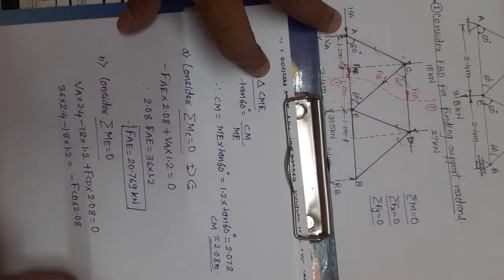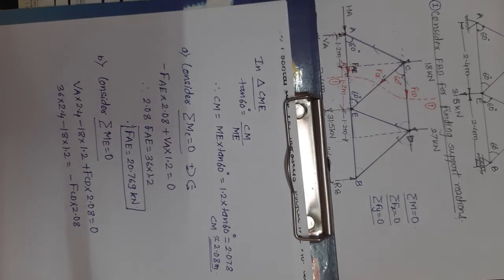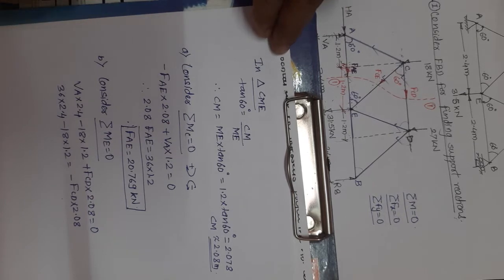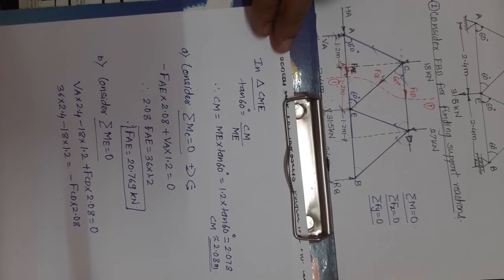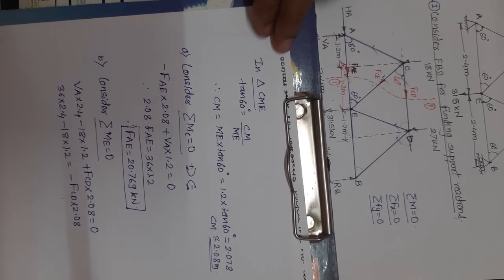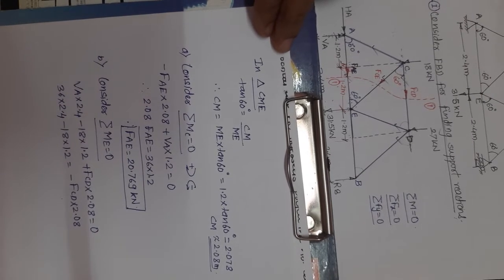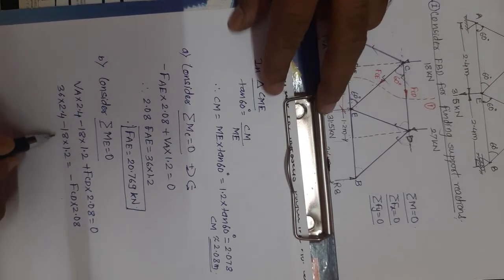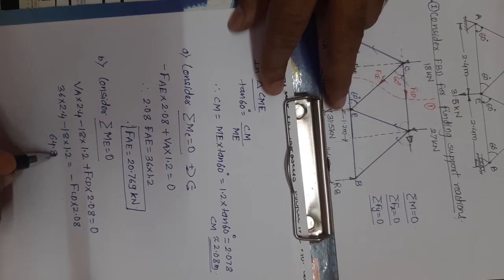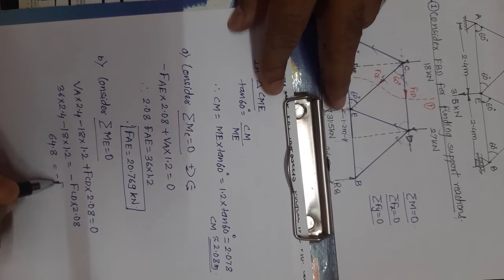I took it to the other side. Okay, the total will come out the same. This does not have any difference in that. Let us calculate the value now. 36 multiplied by 2.4 minus 18 multiplied by 1.2 is equal to 64.8. So the answer here is 64.8 is equal to minus FCD into 2.08.